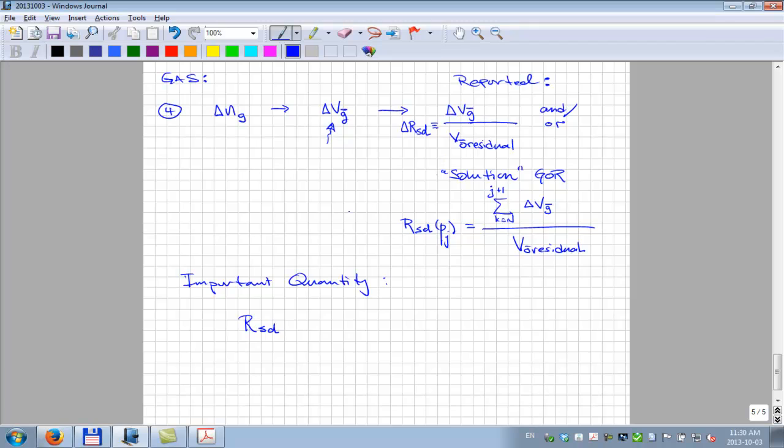This is our solution gas at the bubble point, minus the gas in solution remaining at some particular pressure. This is the evolved gas. Okay, that's really the important quantity, from the bubble point to some lower pressure.